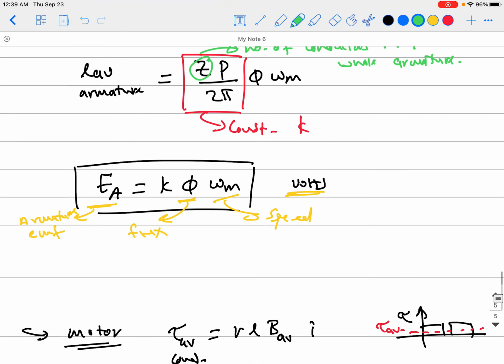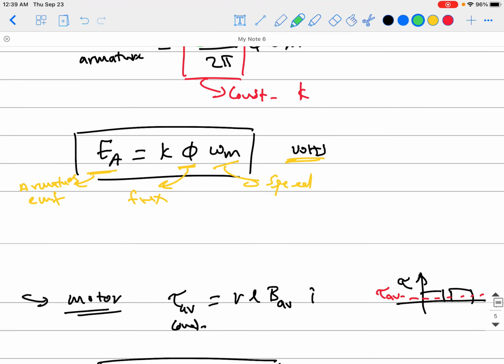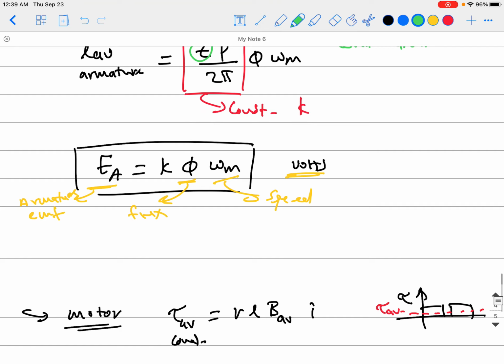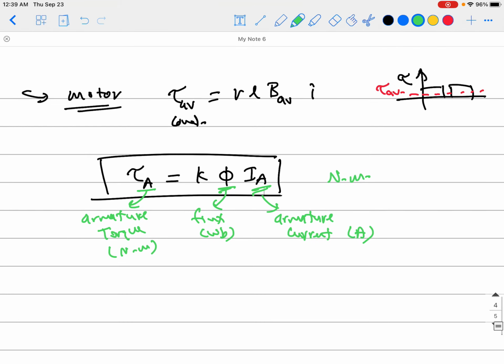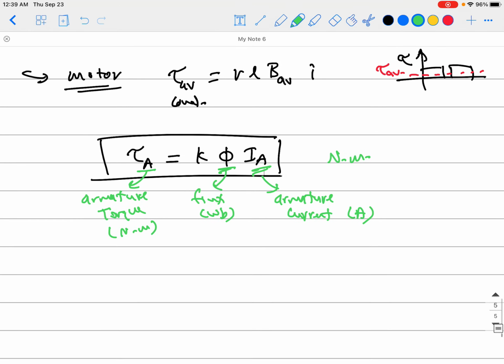We said to get a generation, you need a rotation inside a magnetic field. Here's the equation. The electric voltage induced comes from multiplying phi by omega, which is the flux by the speed. And the same idea comes about the torque. To get a torque developed, you need a conductor carrying electric current moving through a magnetic field. That is what the equation gives you.